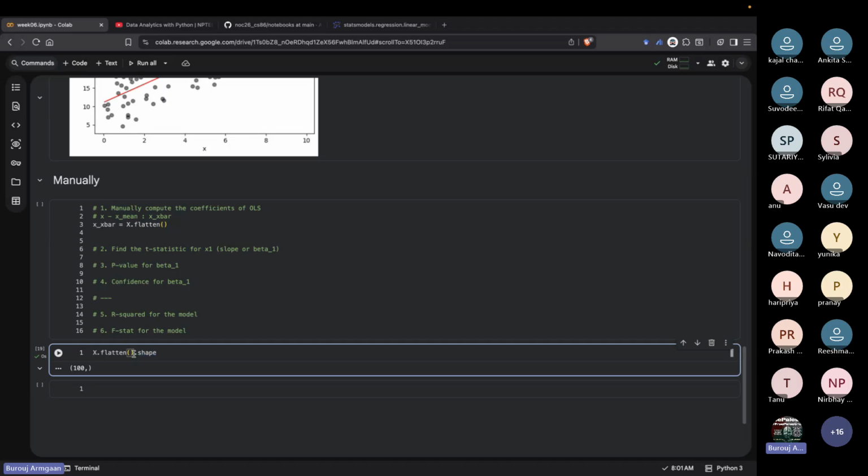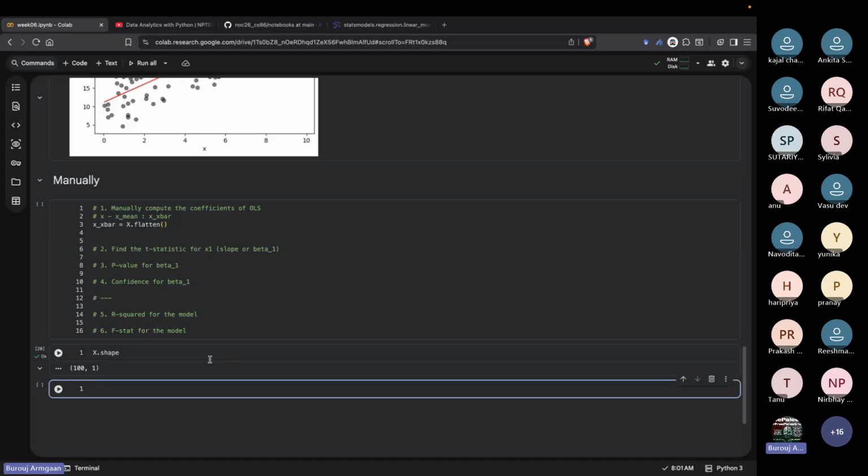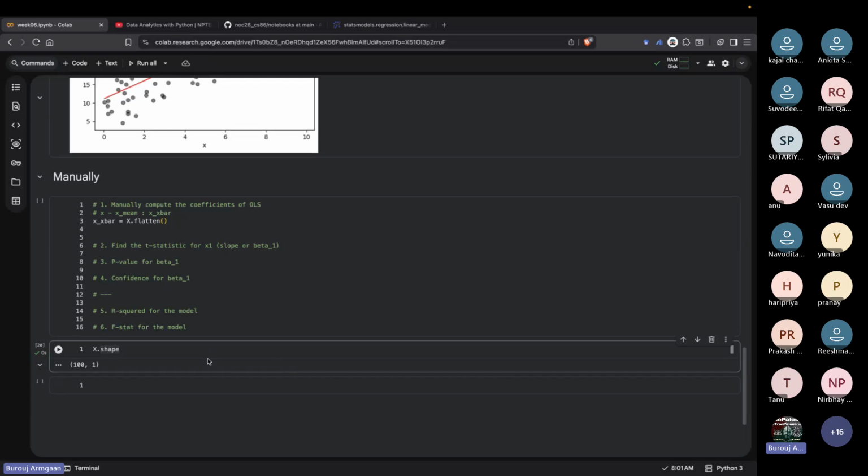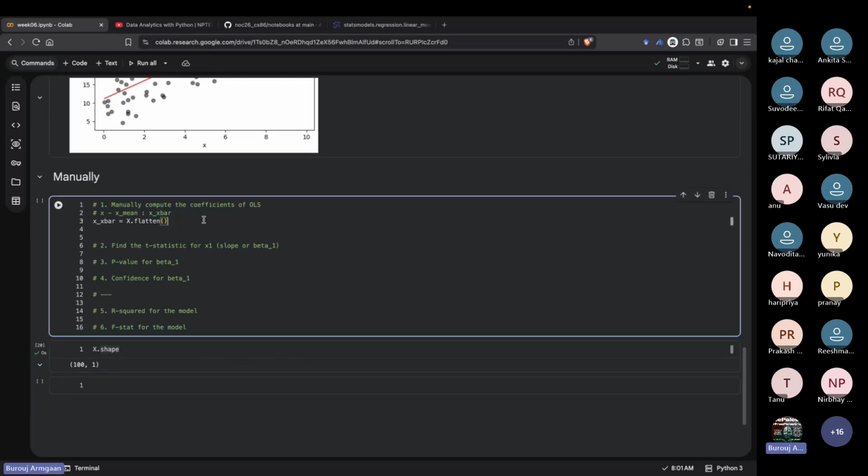Otherwise, if you don't flatten it, it's a 2D array, 100 cross 1. That's why we are flattening. So we have x flatten minus x dot mean. This is essentially your linear function. So x minus x bar is this array. Similarly, y minus y bar, that is y minus y dot mean, is equal to this thing. We have these two values.